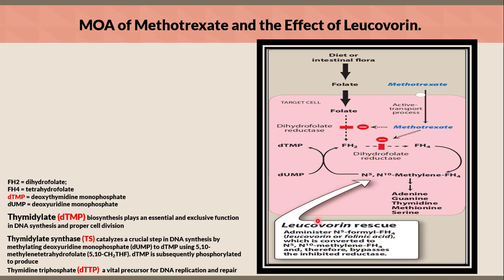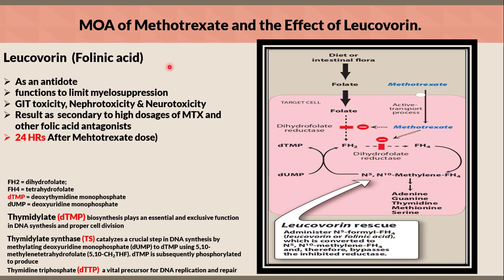Leucovorin rescue. Leucovorin, or folinic acid, acts as an antidote and functions to limit the myelosuppression, GIT toxicity, nephrotoxicity, and neurotoxicity that result secondary to high doses of methotrexate and other folic acid antagonists. It should be administered 24 hours after the methotrexate dose.